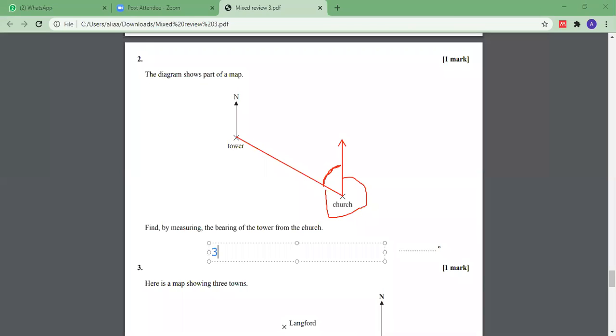You have to do the 360 minus this answer. I guess it's going to be around 50s, but I don't have a protractor, so I can't measure it accurately. Okay, next step.